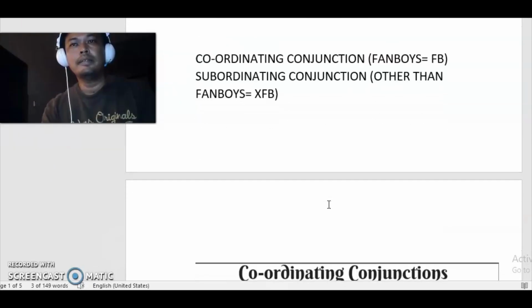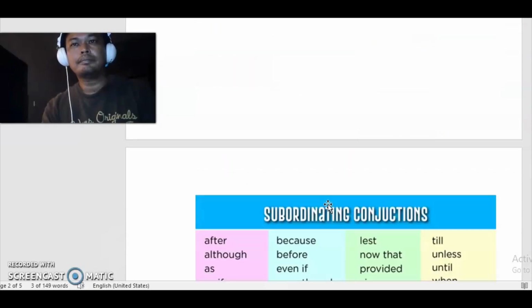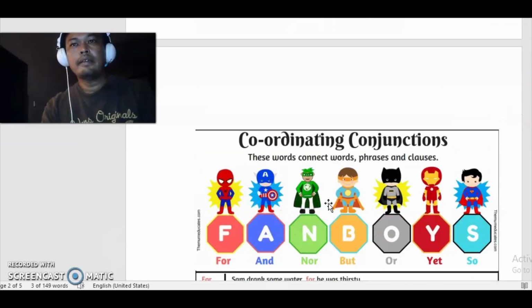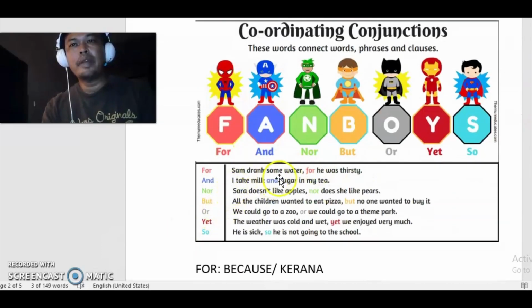For example, Sam drank some water. That's one sentence. He was thirsty. That's another sentence. So they will be combined by the conjunction for.